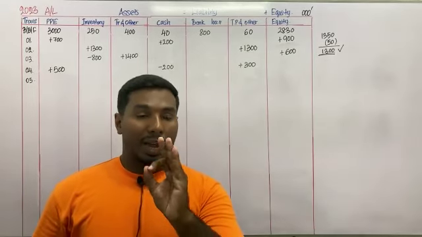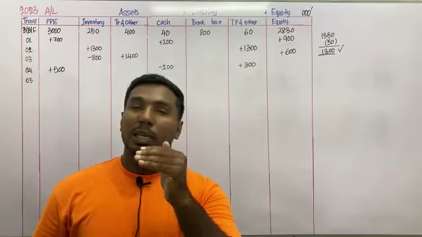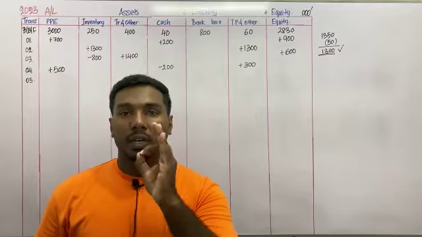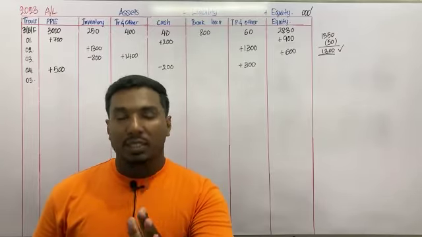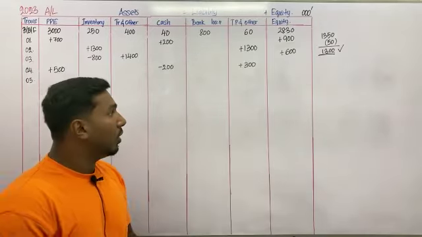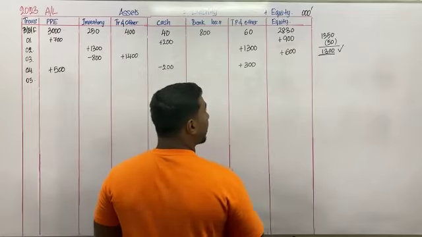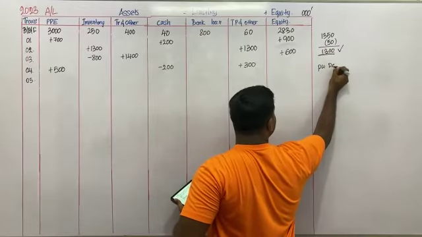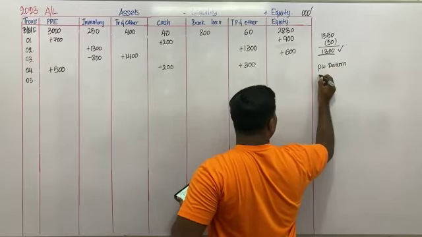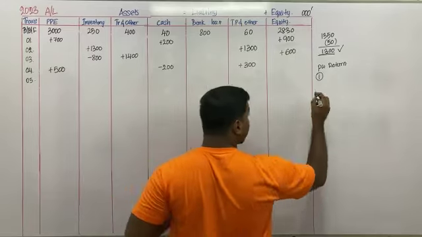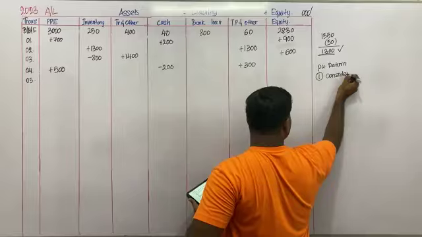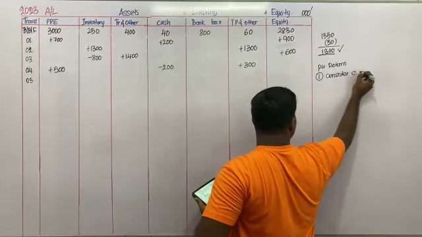So as you know, I showed a three-step model for how to do the correct entries for purchase return and sales return. I know you can remember the three-step model for the purchase return. First is what? Consider it as a credit purchase.